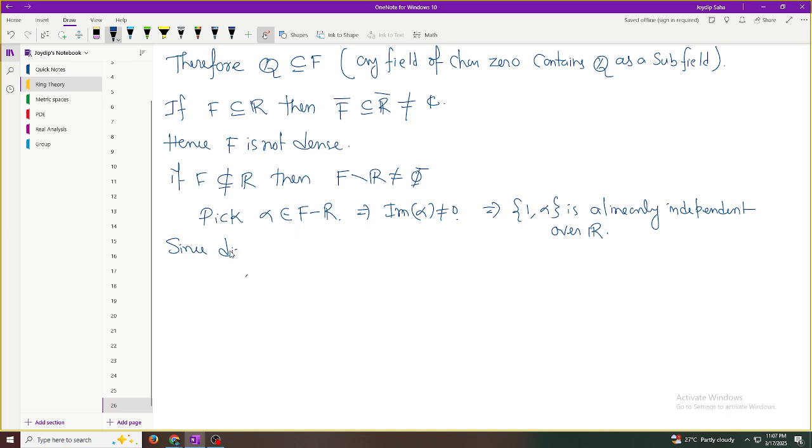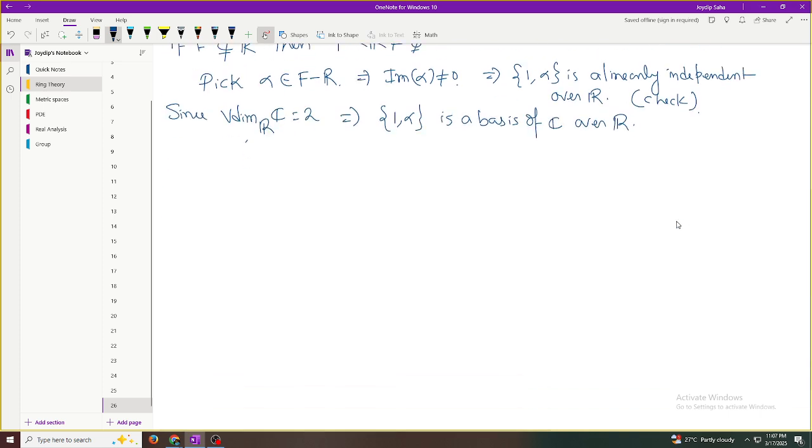Since the vector space dimension of C over R is 2, 1 comma i is a basis, you know. This implies 1, alpha is a basis of C over R. This part is just a linear independence check.